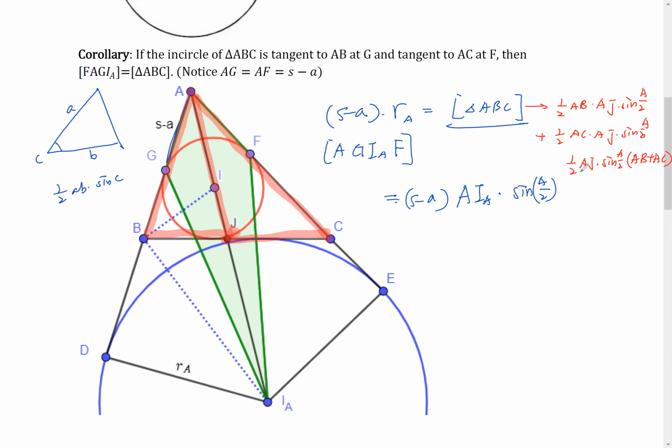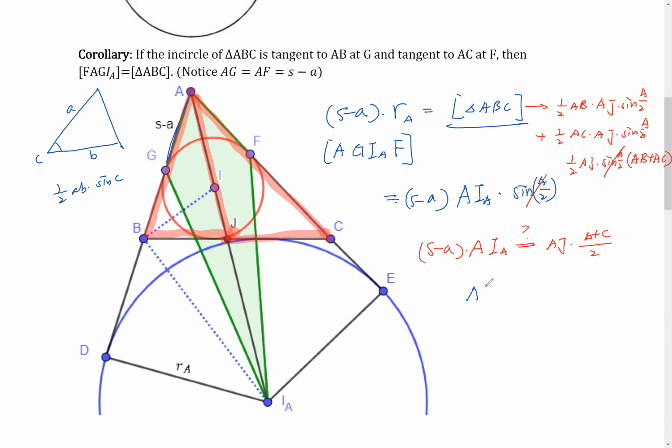Can we prove that from a different perspective? So let's cross out some common terms. This is crossed out. So (s - a) times AIA, I want to prove this equals AJ times half of what? b + c here. And allow me to change the notation a little bit.